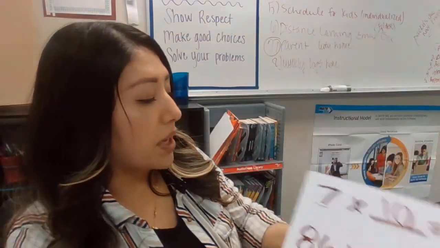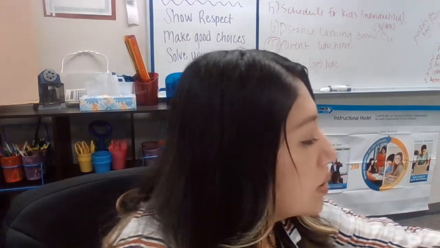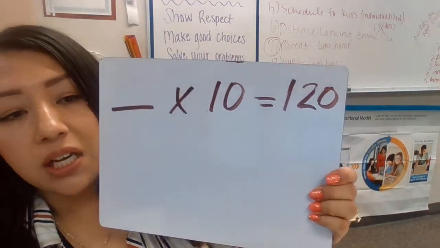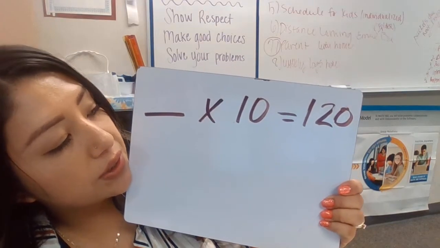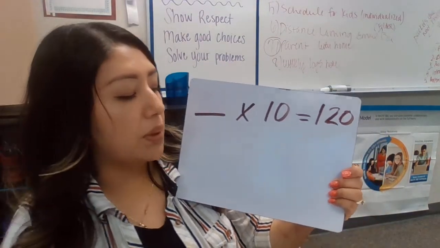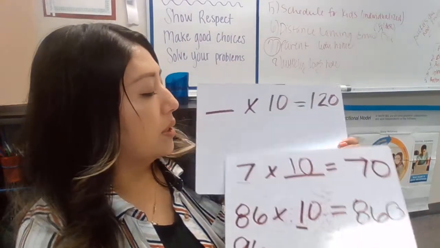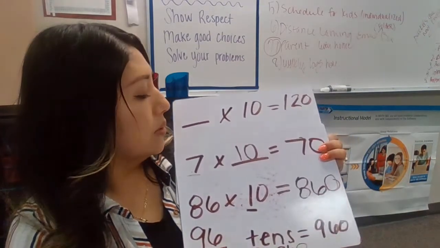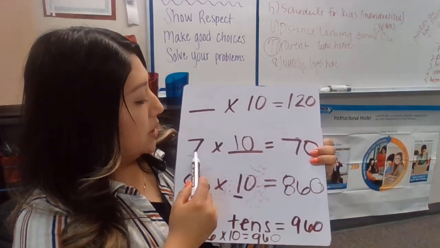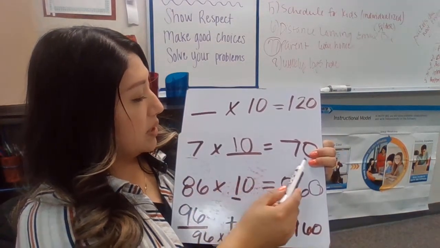Another type of problem that you will be seeing is this one. Blank times 10 gives us 120. Well, let's go back and think about the method we worked on here, like these ones. For example, 7 times blank gives us 70.